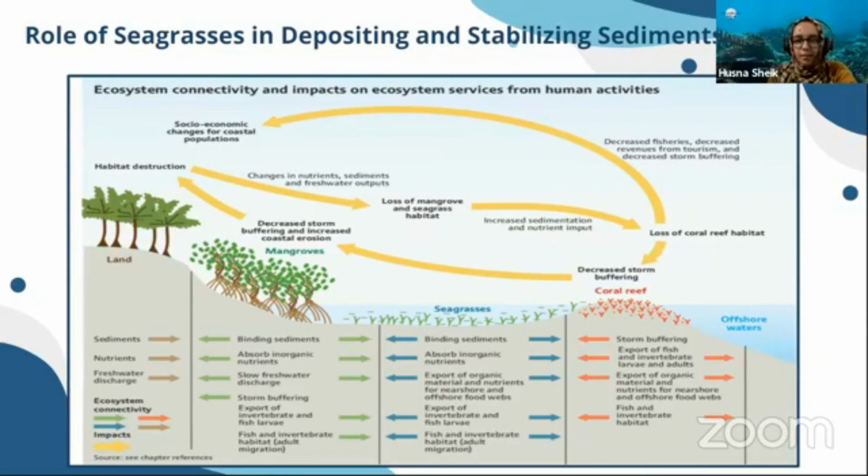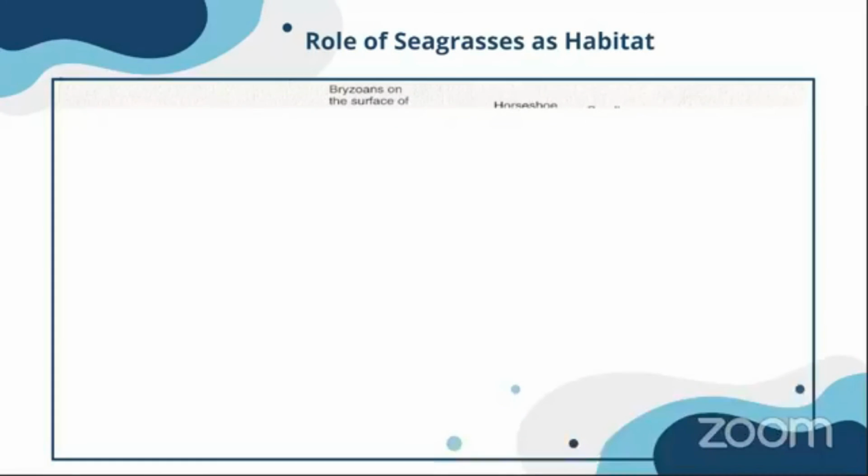If one is damaged, definitely the other parts are going to get severely impacted. That's the connectivity of these ecosystems, and why we need to be more concerned about them. So let's move to the next.